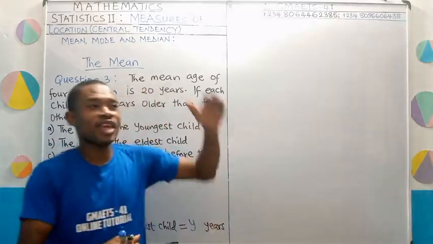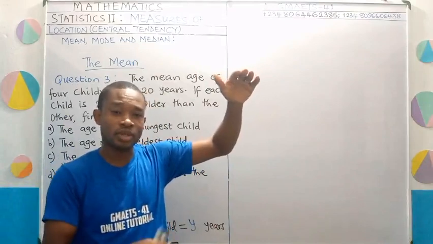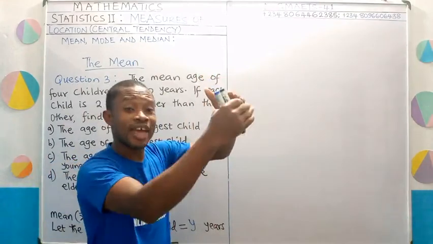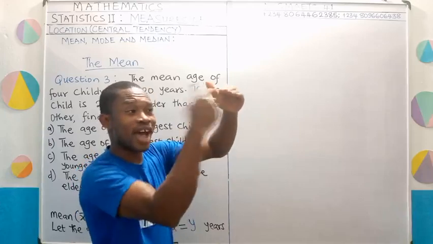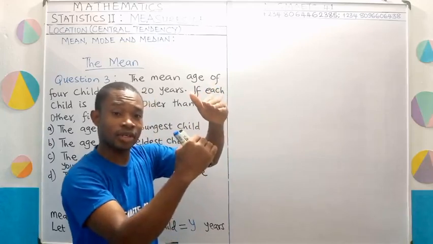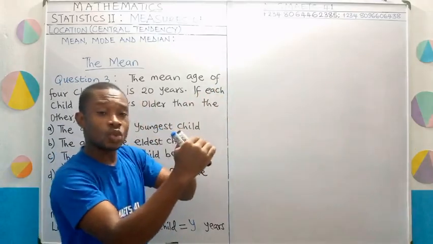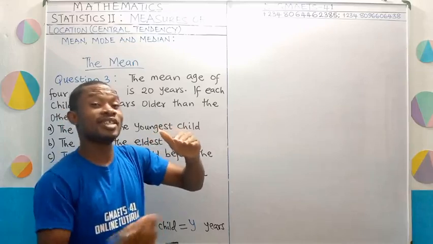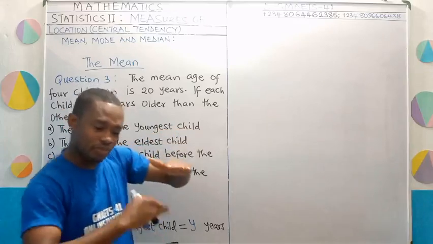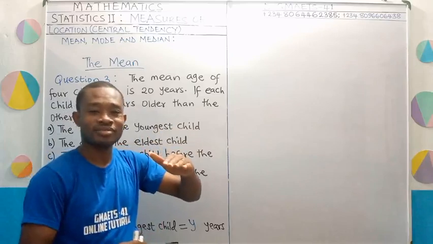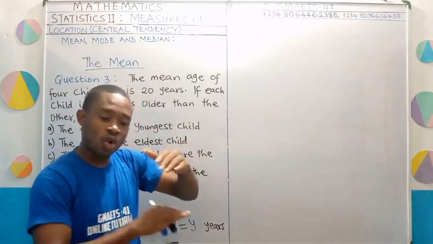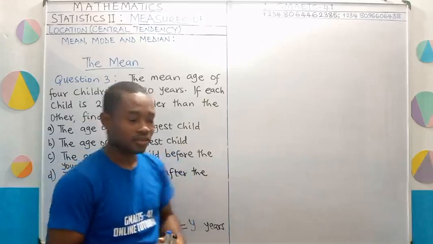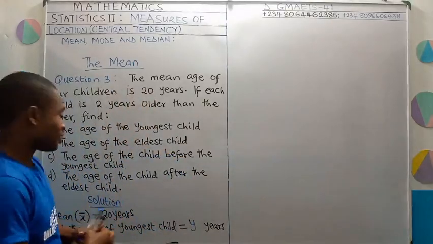If we have the eldest to be A, the one following the eldest will be B, then the next one, and then the last child, which we could say is D. So the child before the last child will be 2 years older than the last child.